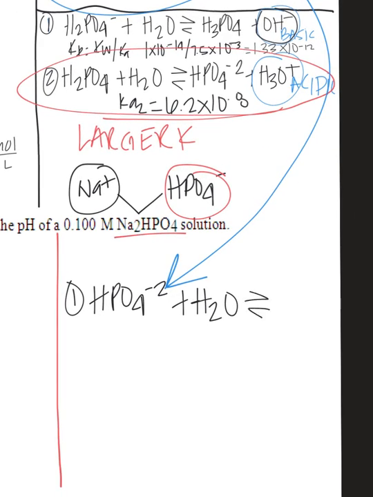And I get my double arrow, H2PO4. Oh no, I'm going to run out of room. I'm going to need to write smaller.